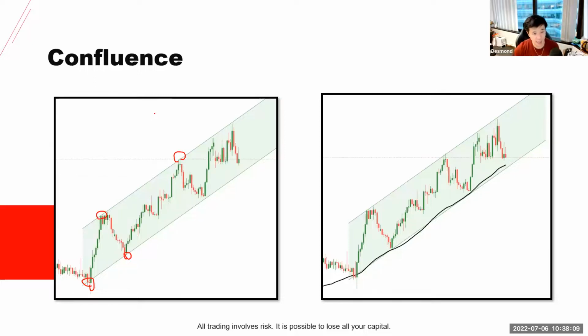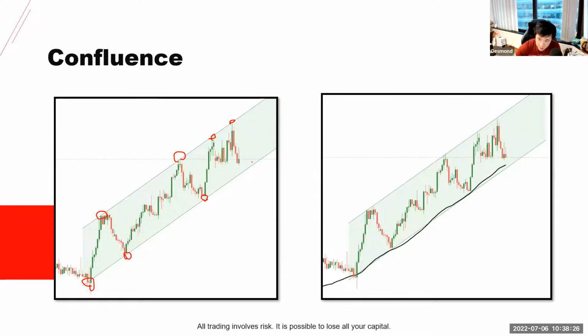It should not be used to confirm your entry. Your price action does not need to be that close to it. Five touch, yeah, it's doing good. This channel is great.